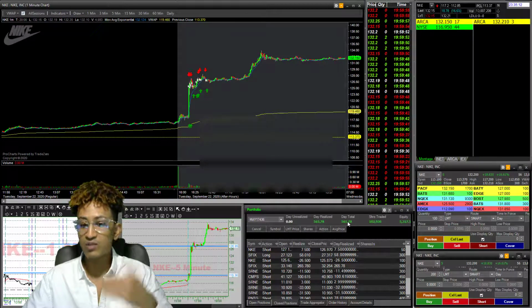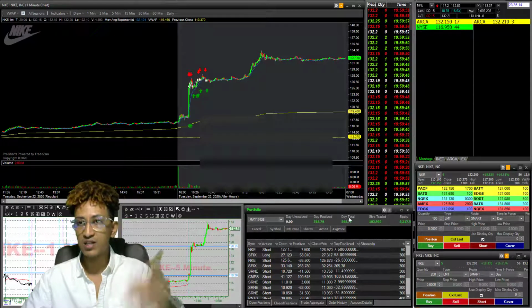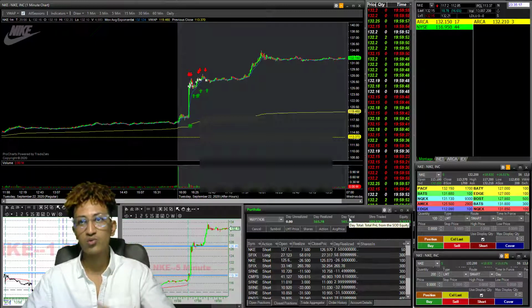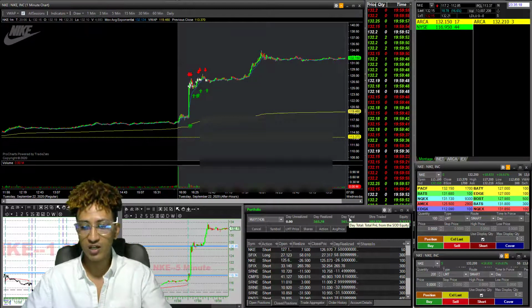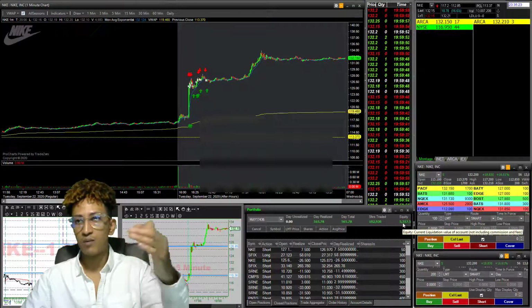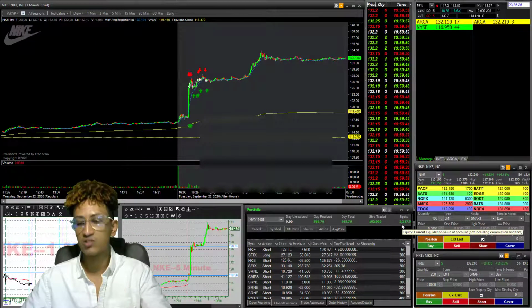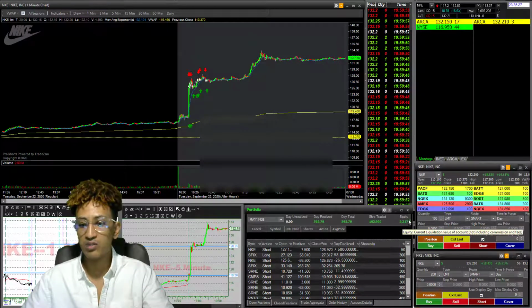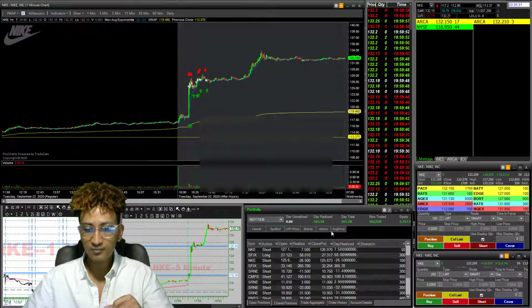This resets every day, so it only shows you whether you're up or down on that given day. But the equity shows you how much you're up generally. So if I was down $300 today, tomorrow it would show me only $5,000, right?